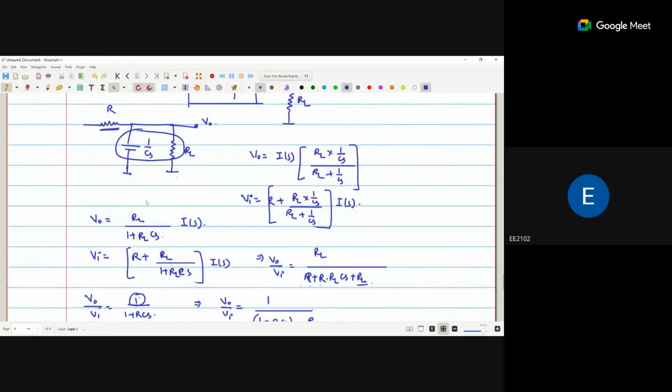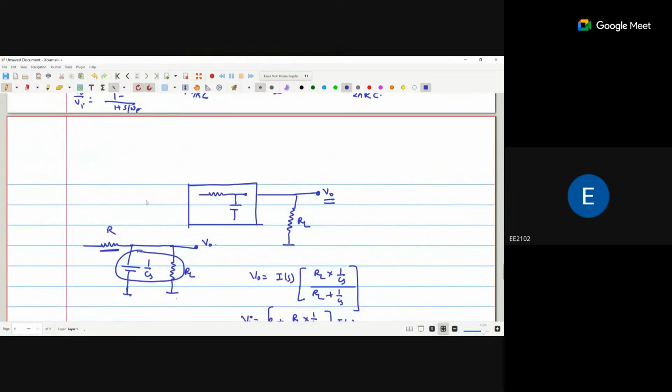So to reduce the effect of this load resistance RL, what should I do? I just use a stray capacitor.